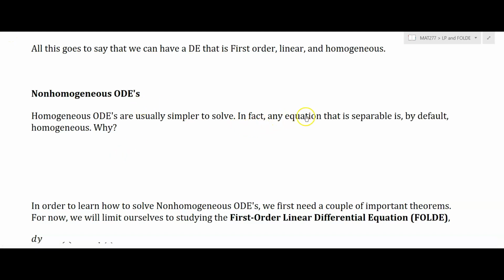As it turns out, all of the equations we've solved so far using separation of variables have been, by default, homogeneous. Recall that when we write equations of the separable form, they can be factored into two pieces, and when they can be factored, that means there is 0 residual.